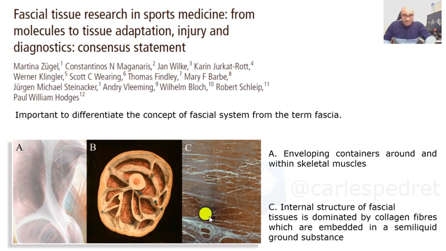Here we can see an electron microscope image showing that the internal structure of fascia tissue is dominated by collagen fibers, not well-structured, embedded in a semi-liquid ground substance. So it's important to clarify these concepts, because then we're going to move to the injury concept of a fascia.